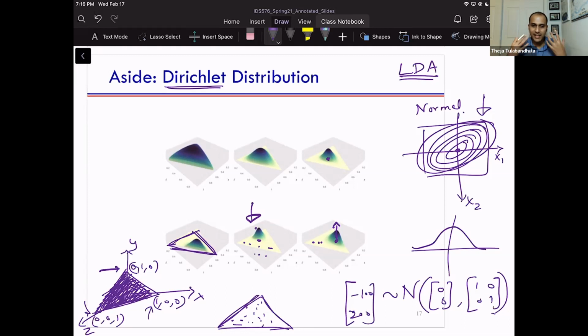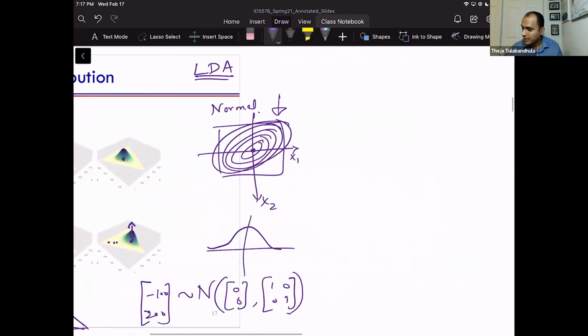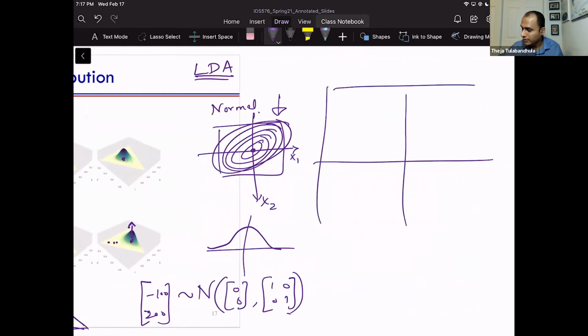Any questions about just understanding the Dirichlet distribution on the simplex? So think of a normal distribution. If you want to look at a distribution, as I said, a normal distribution can be anywhere on the plane, huge. Think of this as like minus 100 and all that stuff.